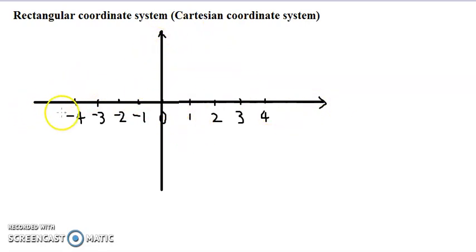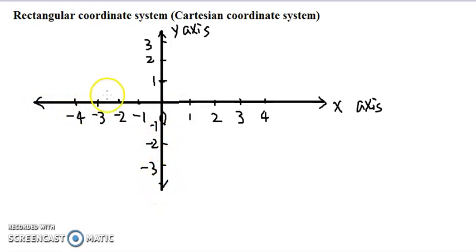So we call the horizontal line the x-axis, and the vertical line the y-axis. Similarly, on the y-axis, we can also mark the units. When we go up, we have positive numbers, and when we go down, we have negative numbers, -1, -2, -3, and so on. So it will also go on forever.